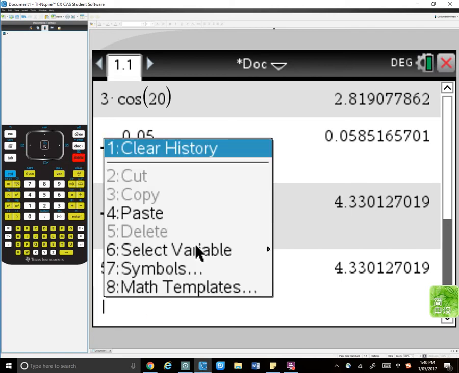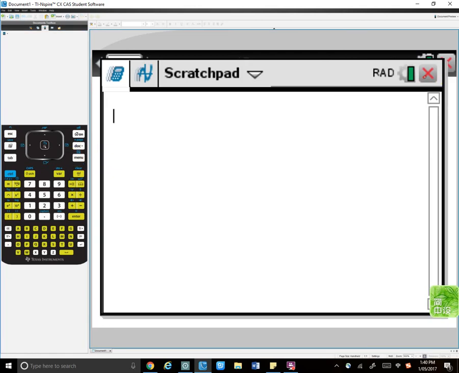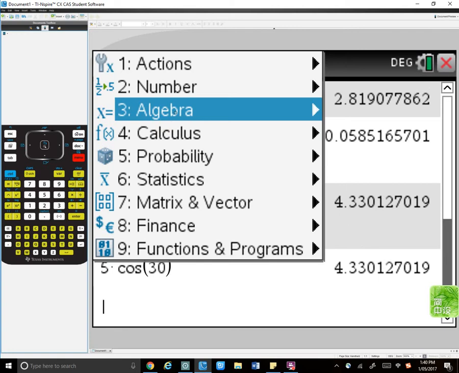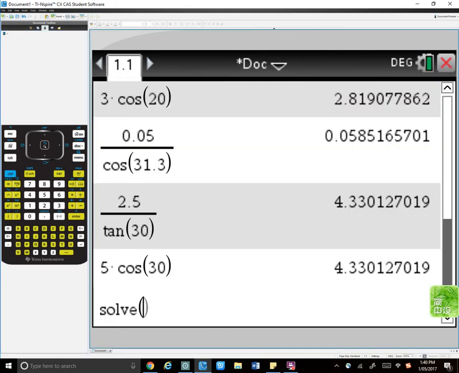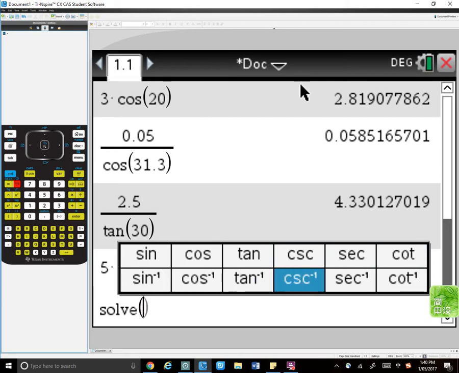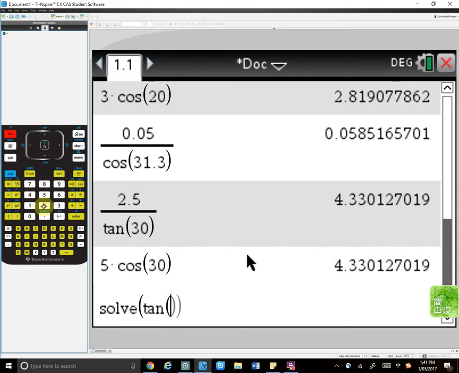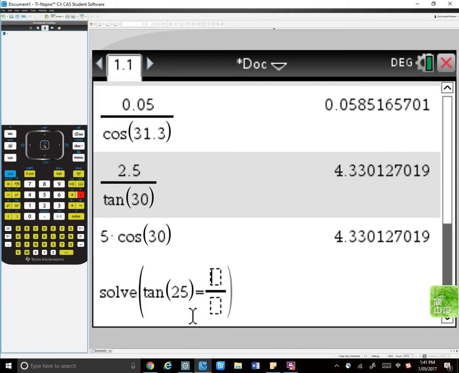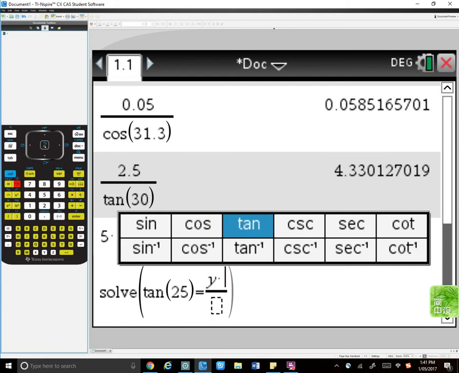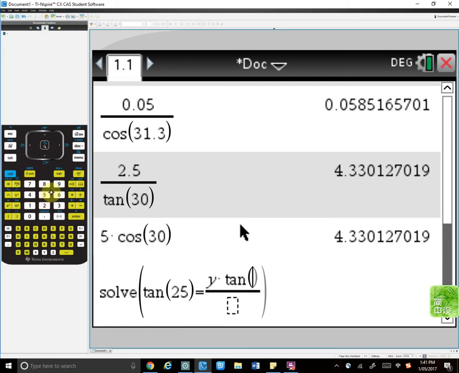Let's go Menu, number 3 and number 1, Solve. And I want to solve for tan 25 degrees equals to, control divide, you have the fraction: y times tan 50 divided by y plus 10.